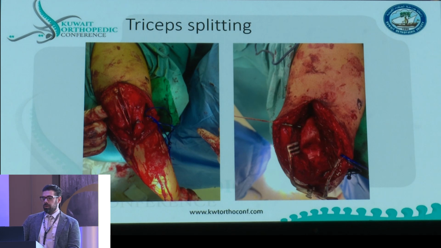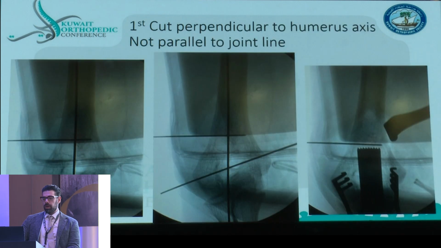Next step, you put the wires to define where you want to do your cut. So I put the first wire parallel to the shaft of the humerus, and the second transverse wire should be perpendicular to the shaft, not perpendicular to the joint, because the joint is crooked or deformed. You don't want to cut parallel to the joint.